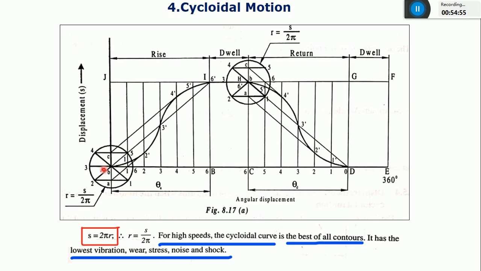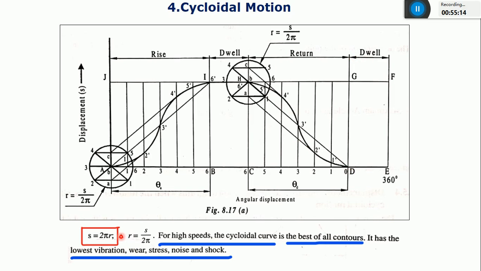You can see there is no sudden rise in the follower. It is taking a smooth direction. It is smoothly rising, again a dwell, and it is smoothly returning back to its original position. This is a rise, a dwell, a return, and a dwell.